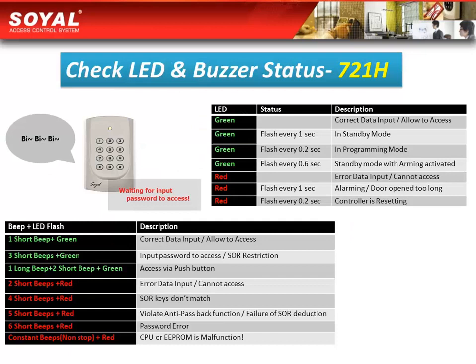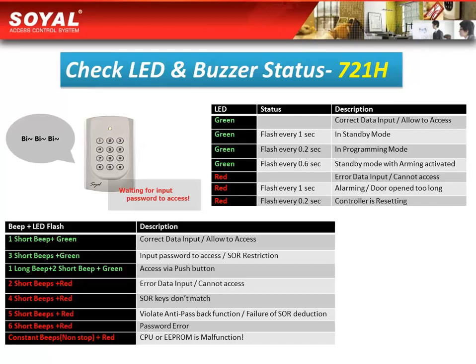In this page, we will learn all the LED status of 721H. Our controller 721H will show two colors of LED light: one is green and the other is red. The green light means correct data input and allowed to access.